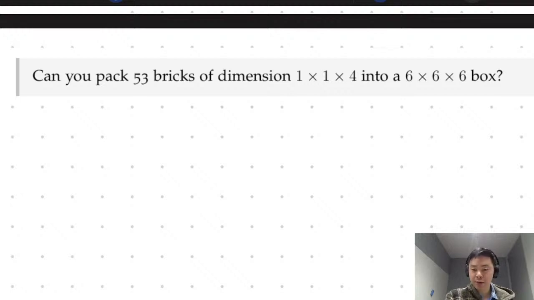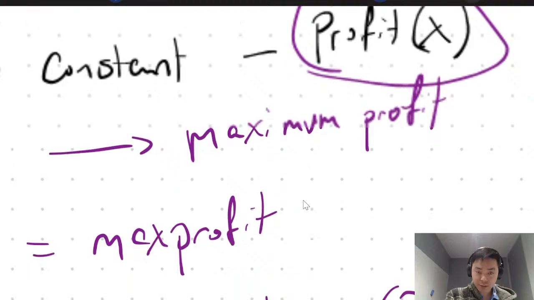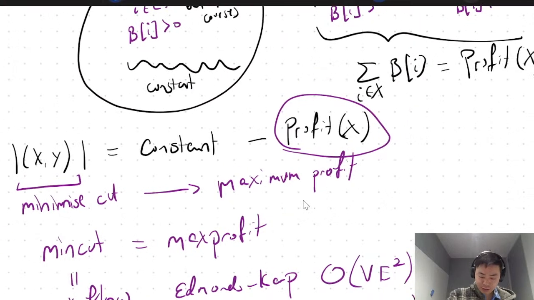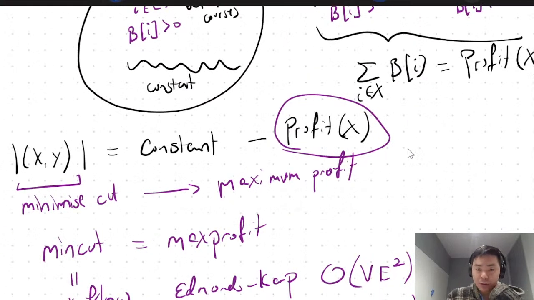So as a question, may you repeat why min cut equals profit? Okay, sure. Remember that what we said was the value of the cut was equal to this constant minus the profit of X. Alright?